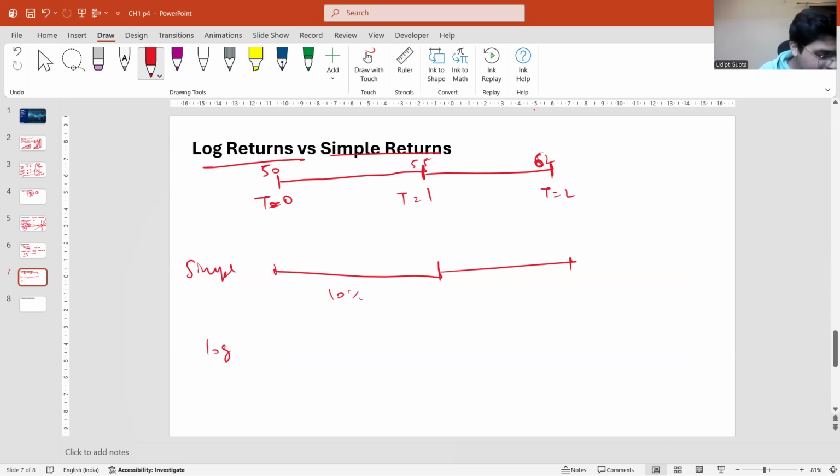It will be 12.72%. And the return for both of the 2 years will be 62 divided by 50, which gives out to be 24% return.